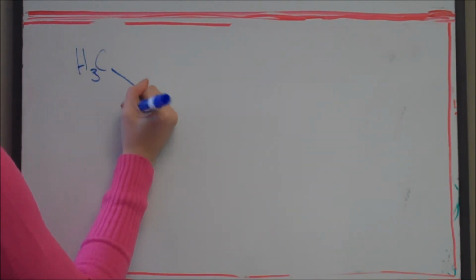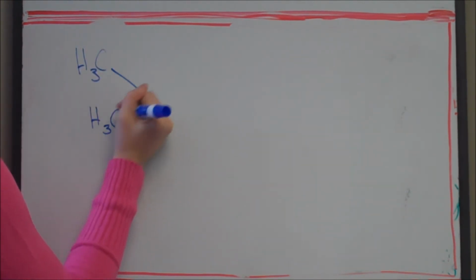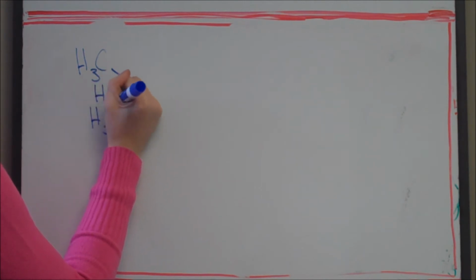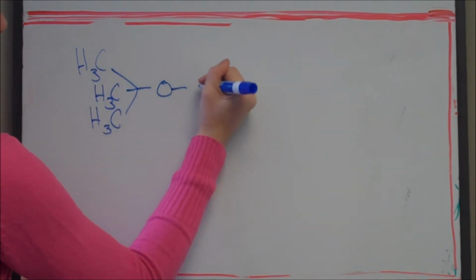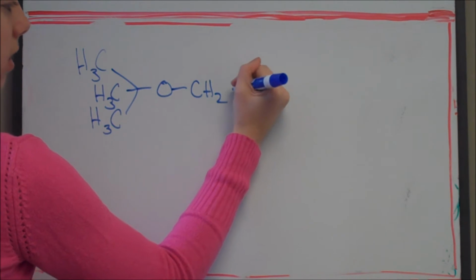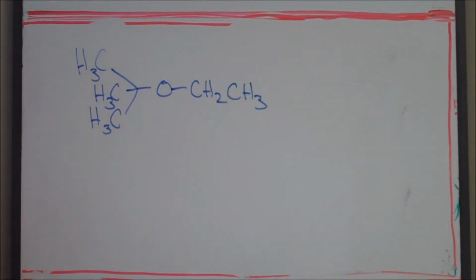if you have this compound, tert-butyl ethyl ether, you should be able to see that there are two options for your reactants.